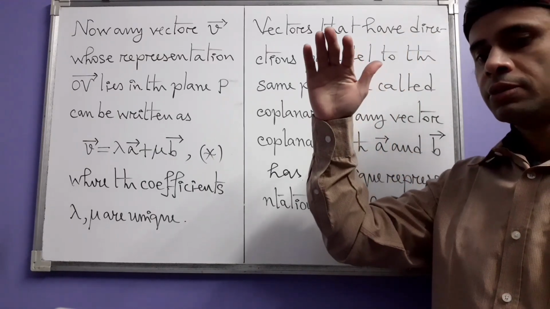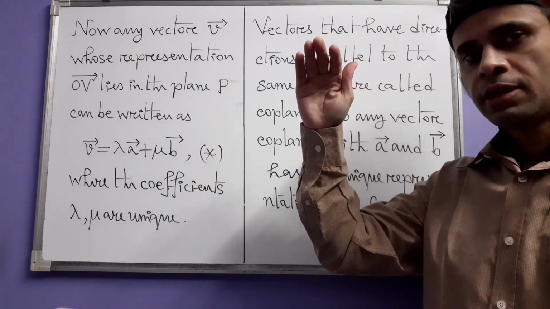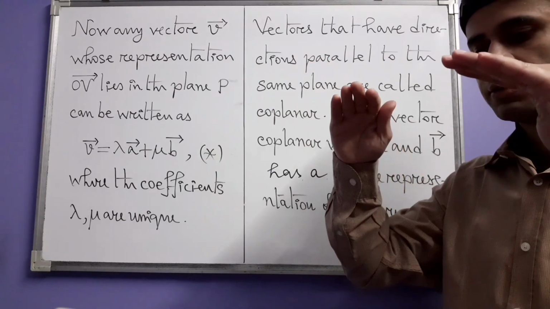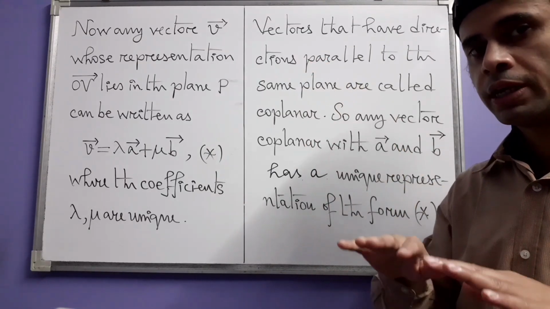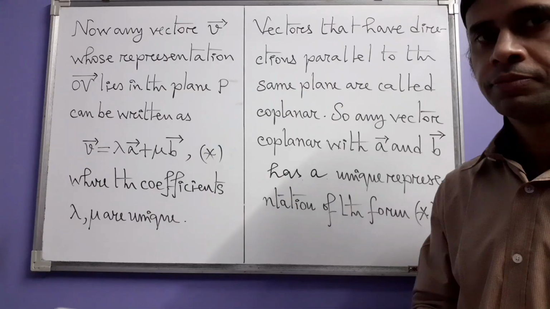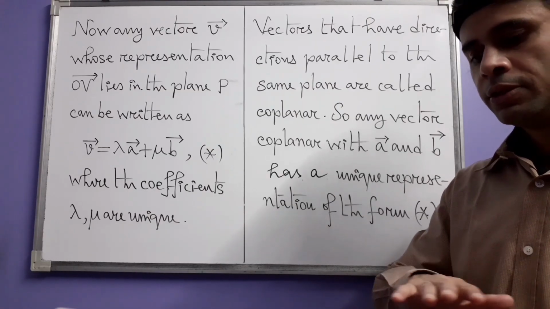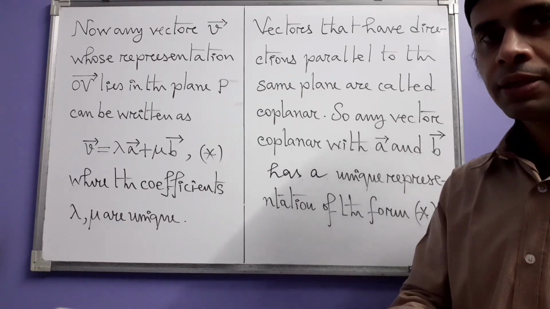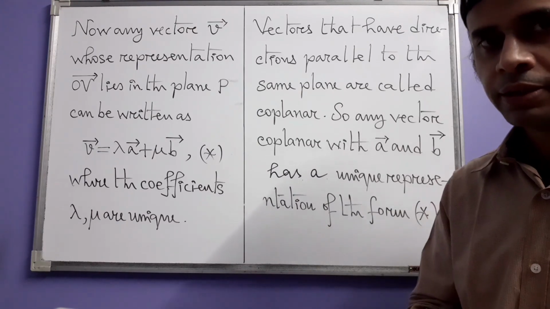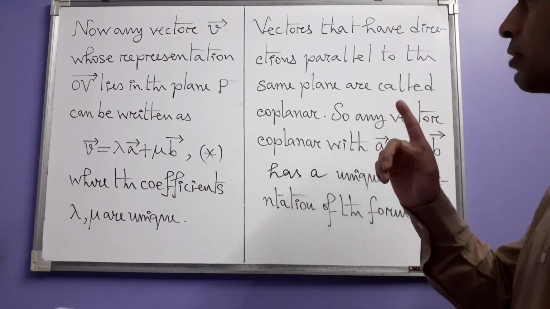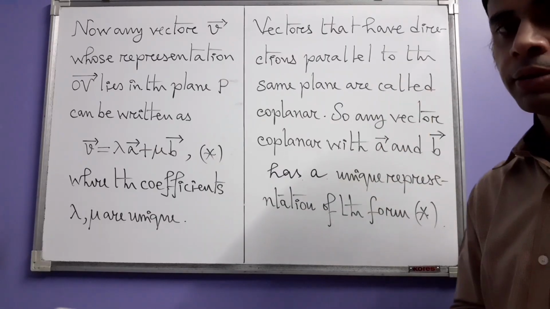Now if they can be translated parallel to themselves and brought together on a single plane, and those translated representations lie on a single plane, then the original abstract vectors are called coplanar.